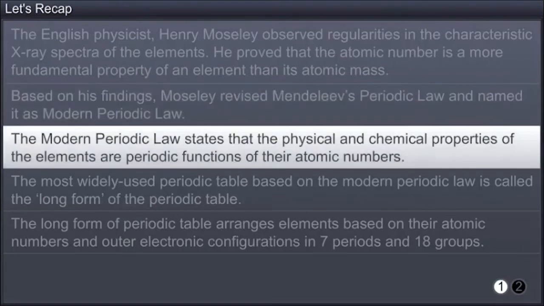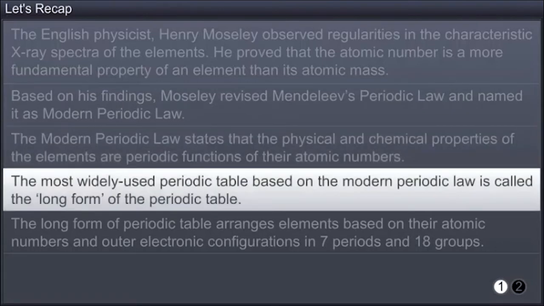The modern periodic law states that the physical and chemical properties of the elements are periodic functions of their atomic numbers. The most widely used periodic table based on the modern periodic law is called the long form of the periodic table.